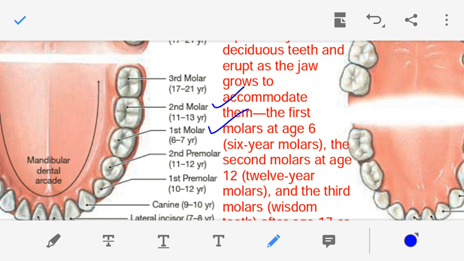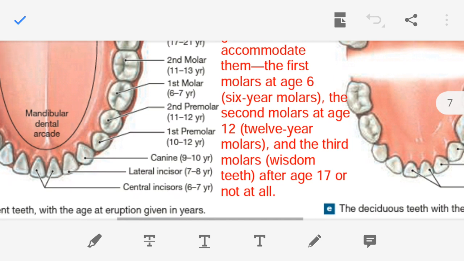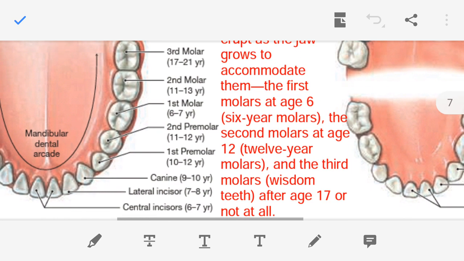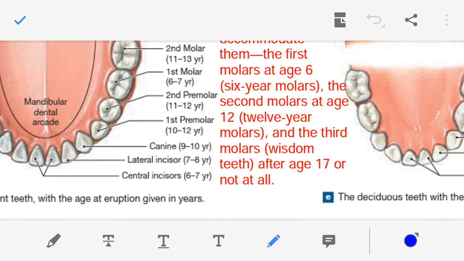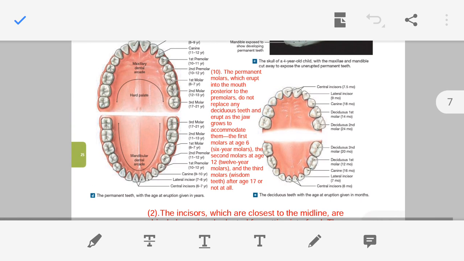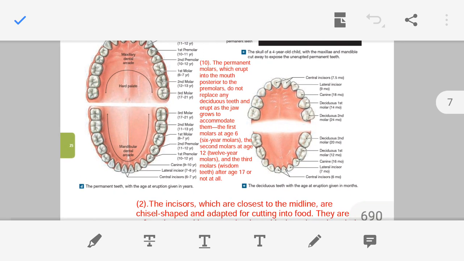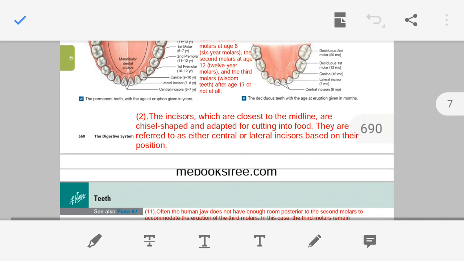The second molar erupts at the age of 11 to 13 years, and the third molar, also known as wisdom teeth, erupts after the age of 17, or in some people it never erupts. So "not at all" is written. That is the meaning of this 10th point.